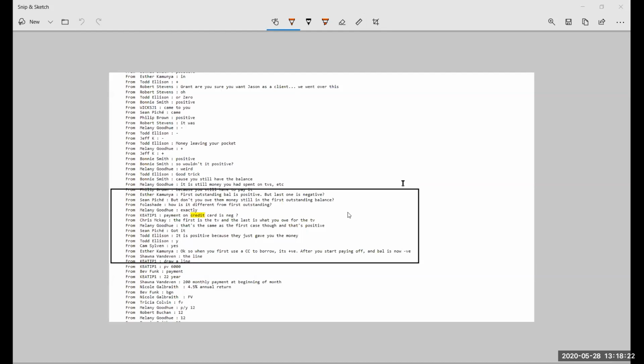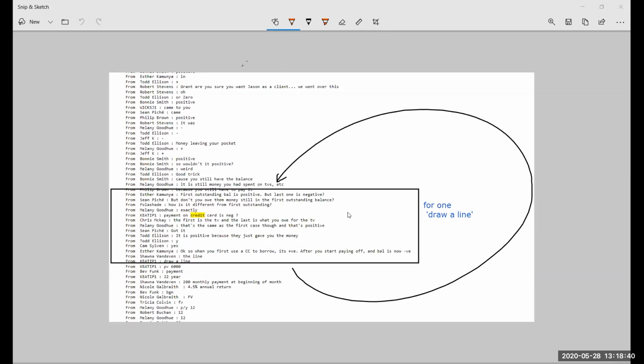So this is for one TVM cycle or for one draw on a line. And if I'm doing a second draw on a line, now I have to go back to the beginning and start over, right? So for a second calculation, again, same thing.